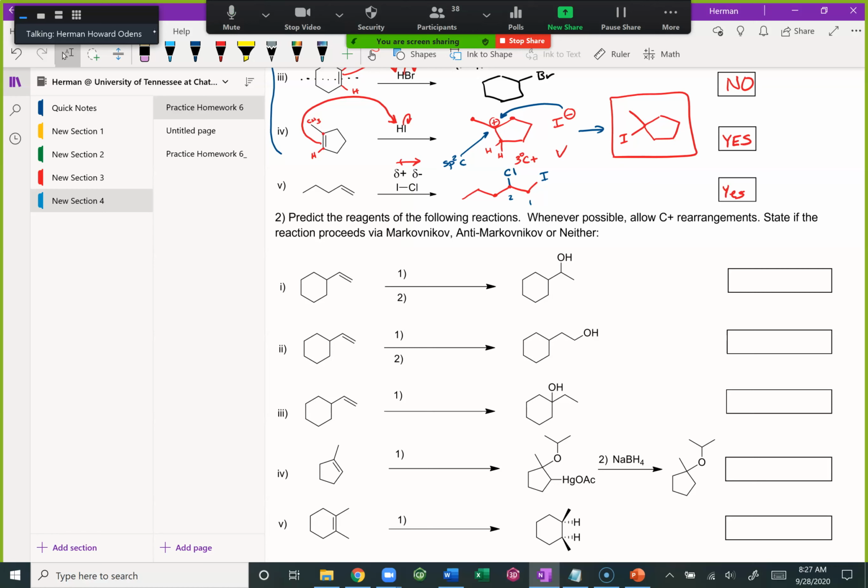You have reactants, because they're reacting. Here on this block, on top of the arrow, will be your reagents. And then you have products.